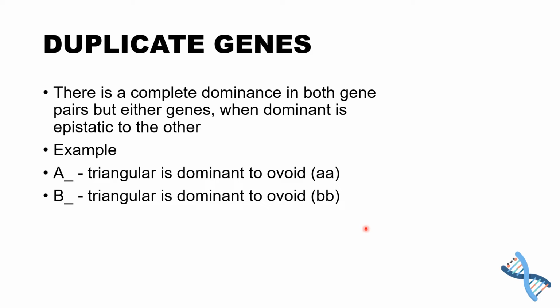So, example is yung shape na if yung dominant A, triangular siya, which is dominant to yung ovoid natin. Doon naman sa isang pair, ganun na rin. Kasi dominant siya, triangular din, which is dominant to the ovoid na recessive B.